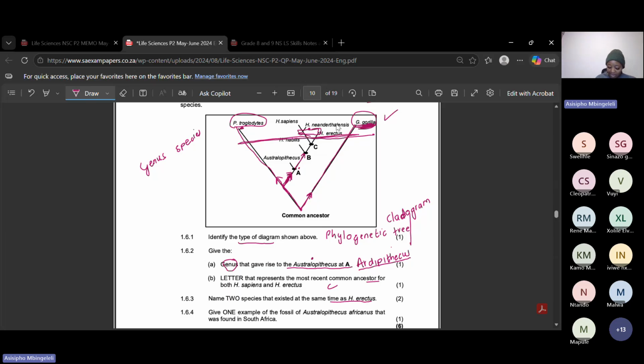Please make a note. They've said here, name 2 species. You are looking at the diagram. So what will be your answer? That G. gorilla, that is a scientific name. So you write G. gorilla, you underline. You write P. troglodytes, you underline.